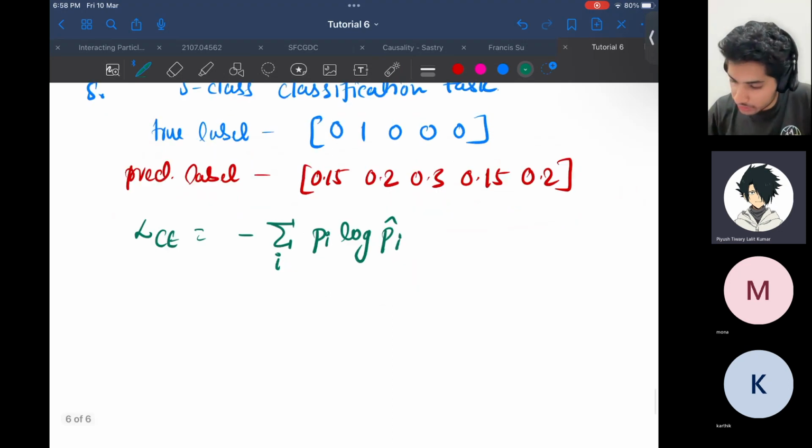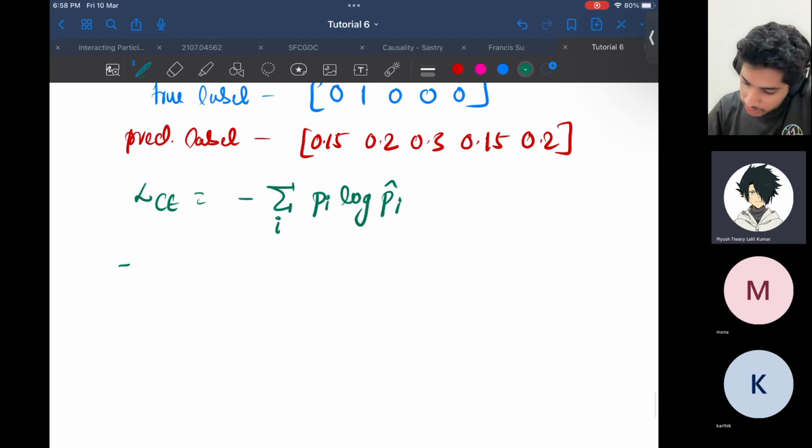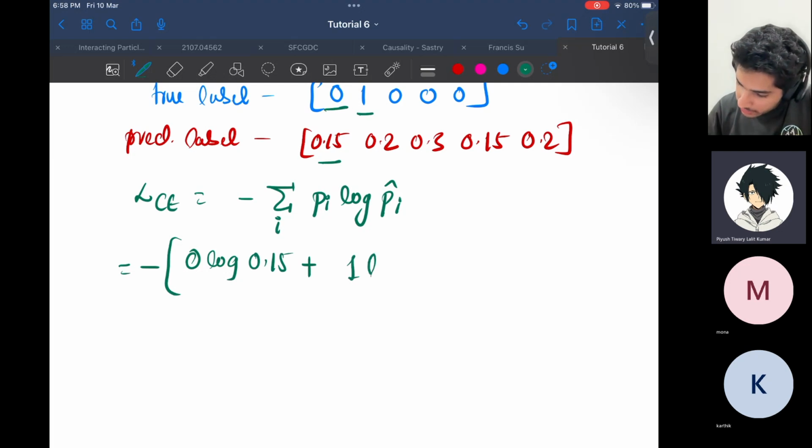So what I will do is simply substitute the values. Simple maths. So negative, I will keep it outside the bracket: 0 times log of 0.15, plus 1 times log of 0.2.